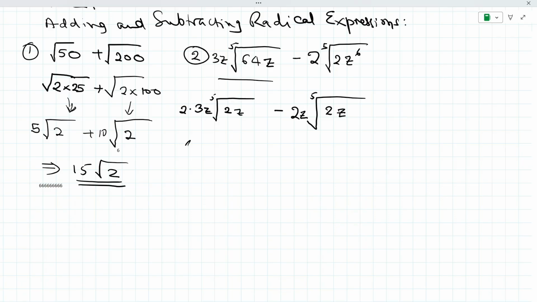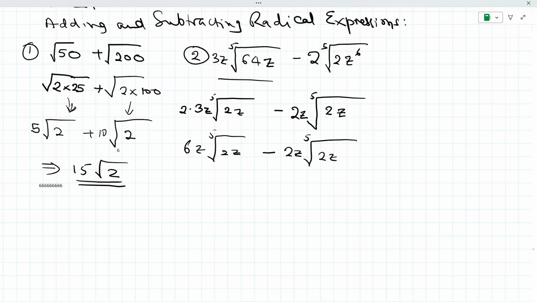So this becomes 6z times the fifth root of 2z, minus 2z times the fifth root of 2z.